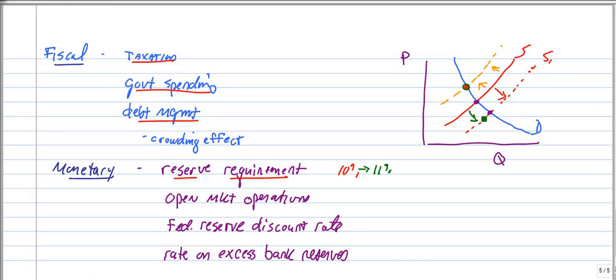Open market operations. Okay, that's activities of the Federal Reserve buying and selling government securities. If the Fed, think about it, there's two sides here.